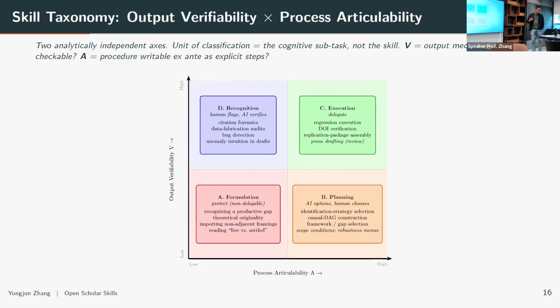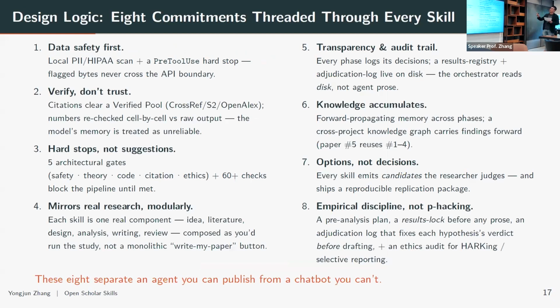We should protect those. Humans still remain the authors here. So when we think about which kind of task should be delegated to AI, you have to think about these dimensions. This is the final frame before we move to the demos.